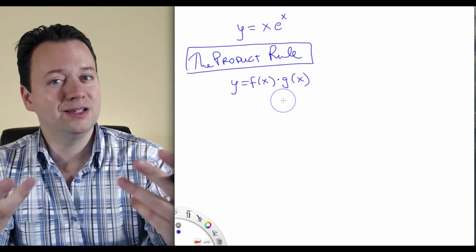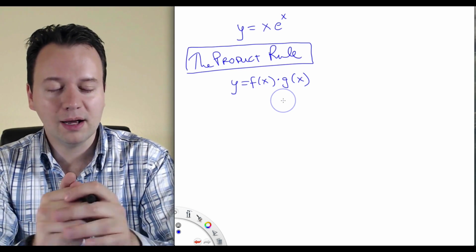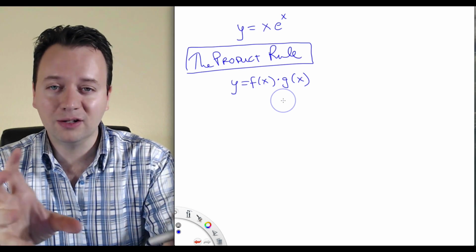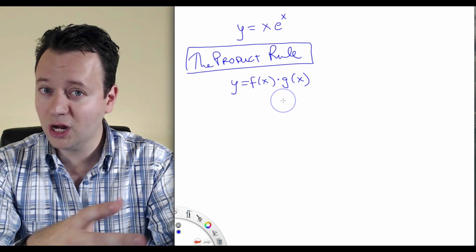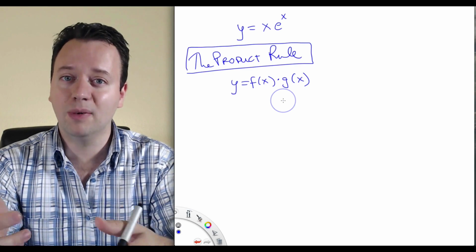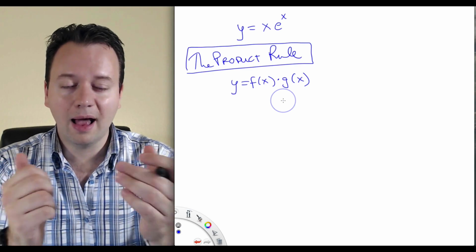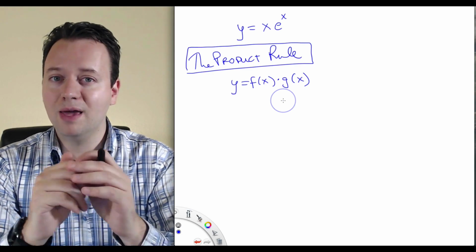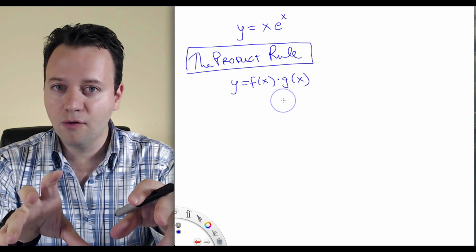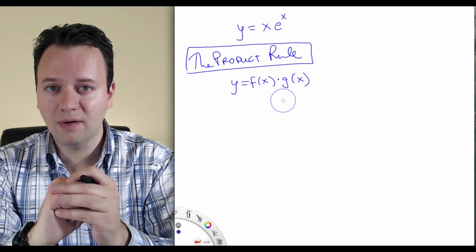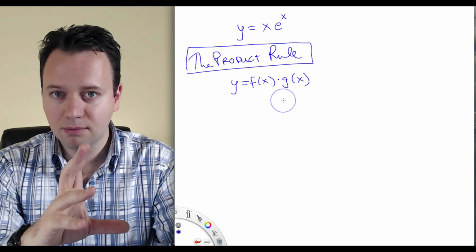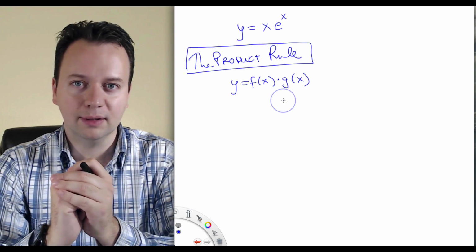Of course, it's not all a cakewalk, because f of x and g of x may require the chain rule to compute. So f of x might have elements that would require the chain rule. Maybe f of x is sine of 5x squared, and then g of x is e to the cosine of 5x squared, or something like that.